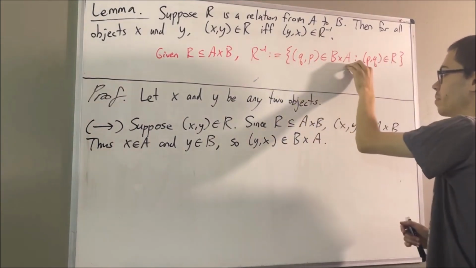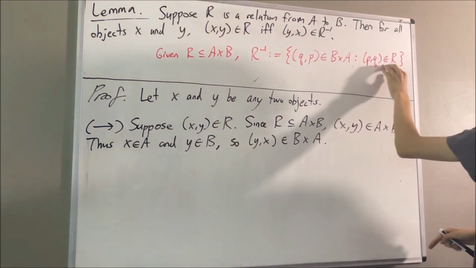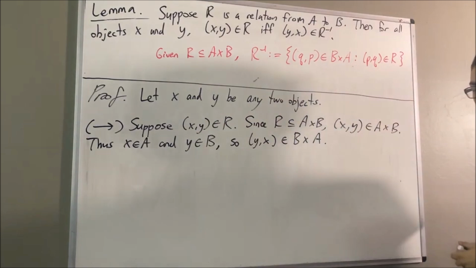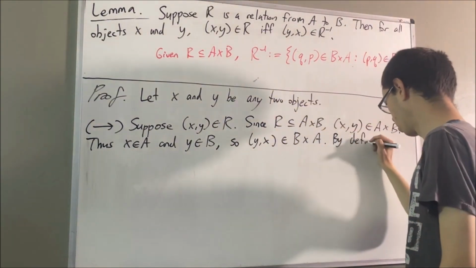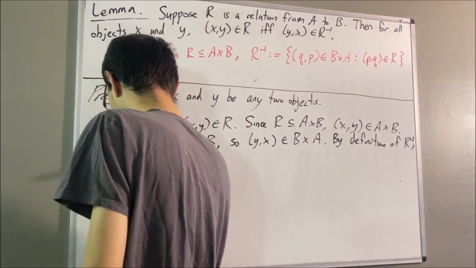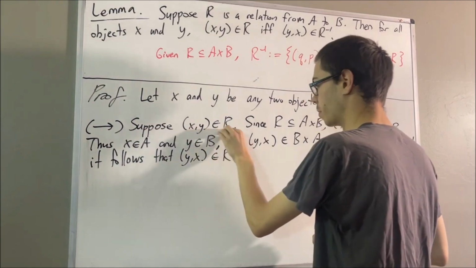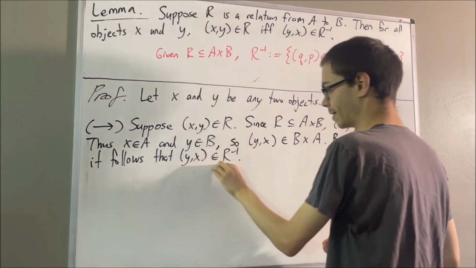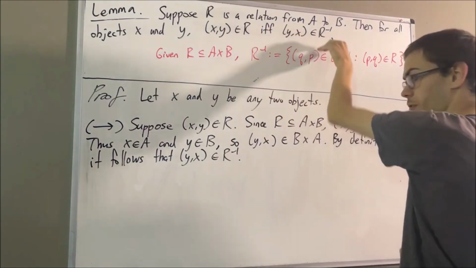It's an element of B times A, and when you swap the order of x and y, you obtain that this is an element of R. So yeah, y comma x is an element of R inverse. So, from our assumption that x comma y is an element of R, it follows that y comma x is an element of R inverse. So we have proven if this is true, then this is true.